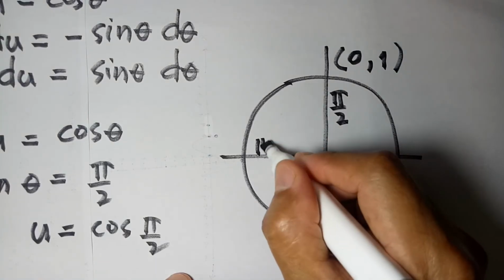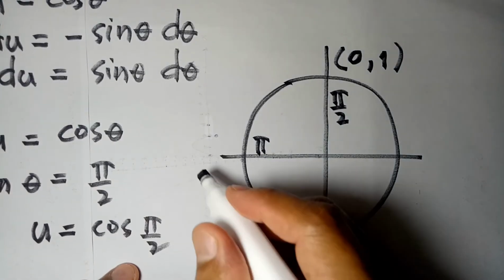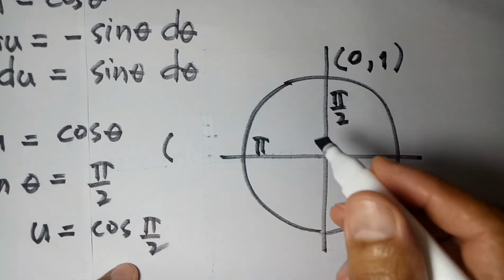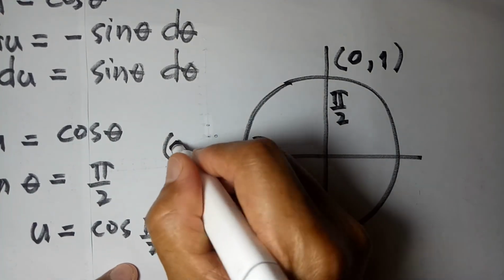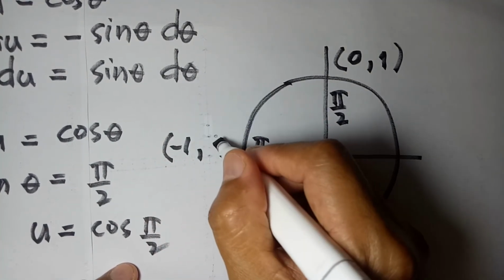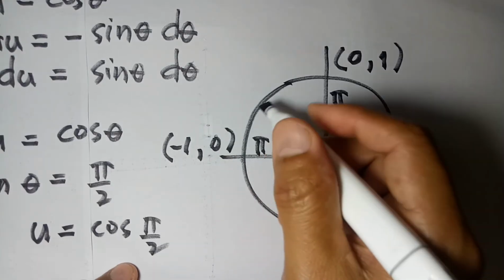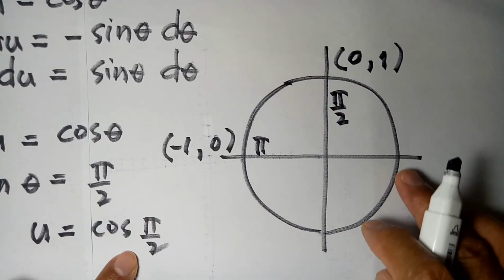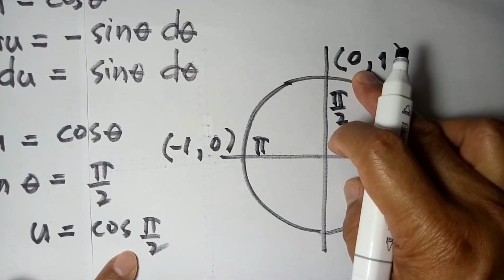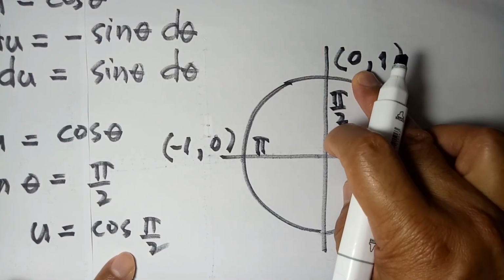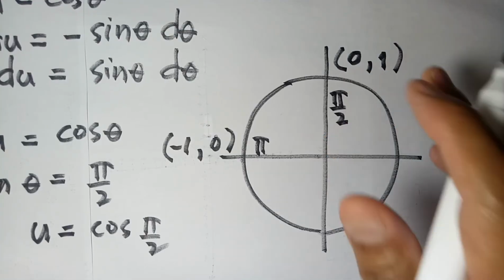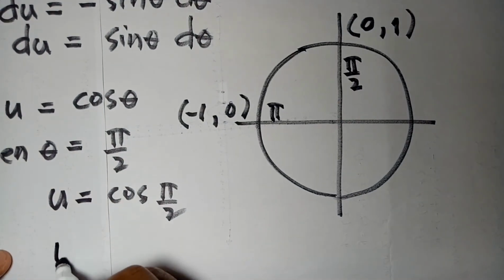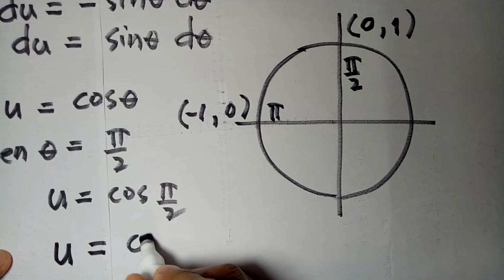Nandito naman yung pi natin. Ang x coordinate natin dito ay negative 1. At ang y coordinate natin ay 0. So, cosine pi over 2, equal siya sa x coordinate. So, cosine pi over 2 equals 0. So, u equals 0.